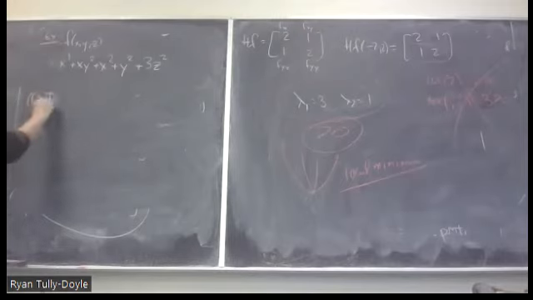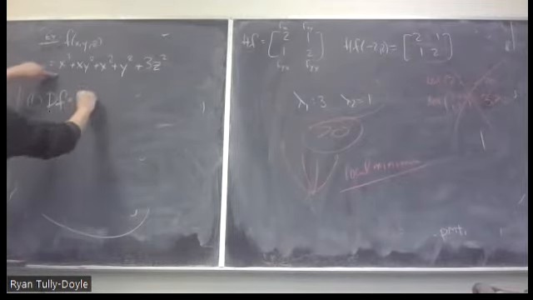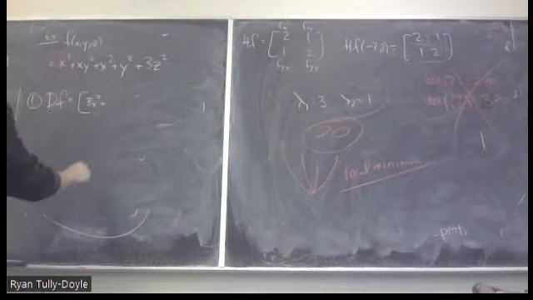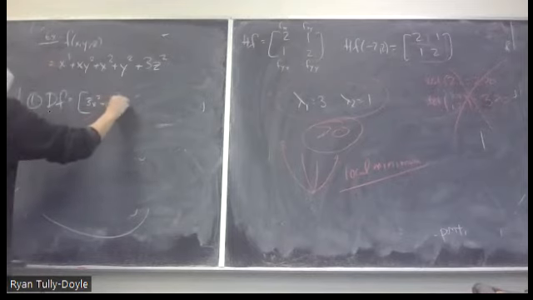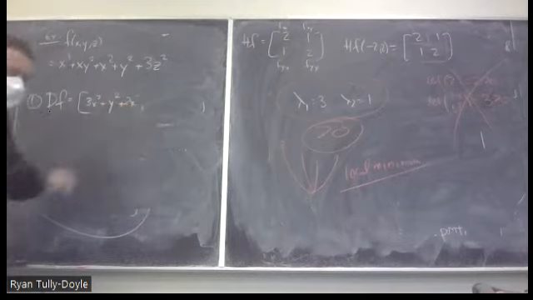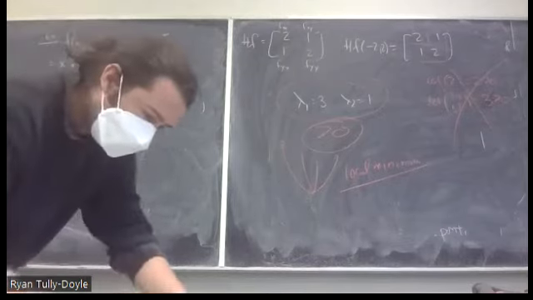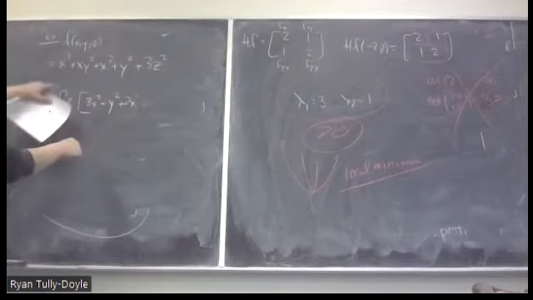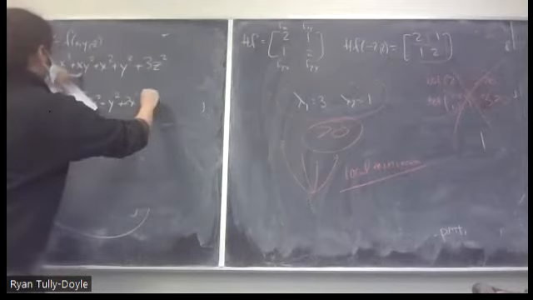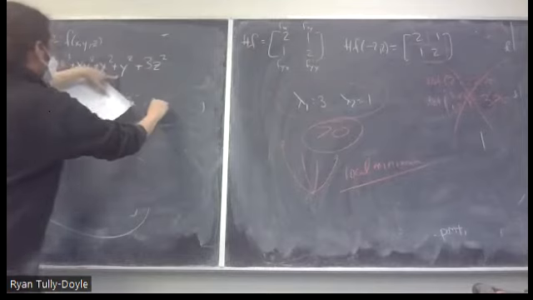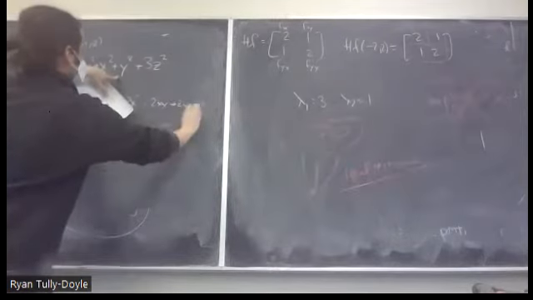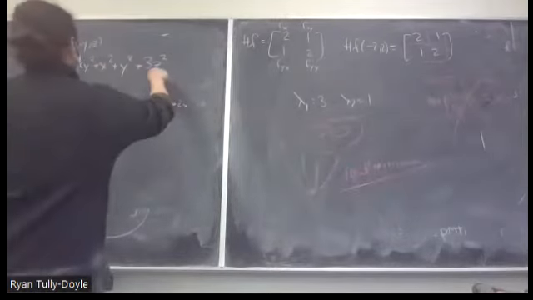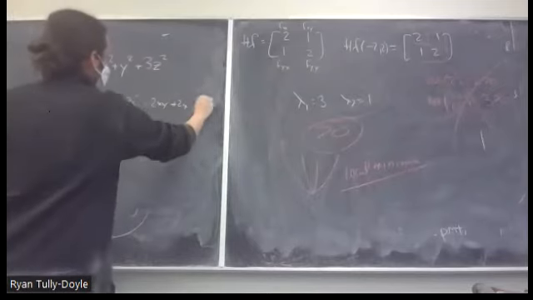We're going to compute the partial derivatives: f_x is 3x squared plus y squared plus 2x, then f_y, which is 2xy plus 2y, and then f_z, which is just 6z.